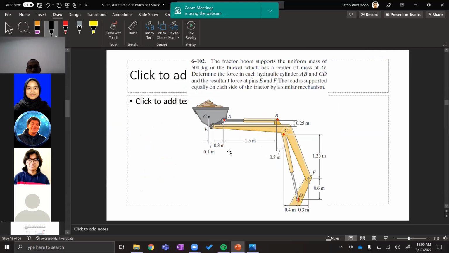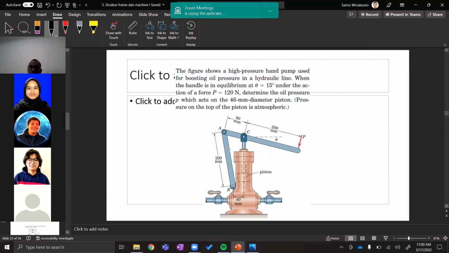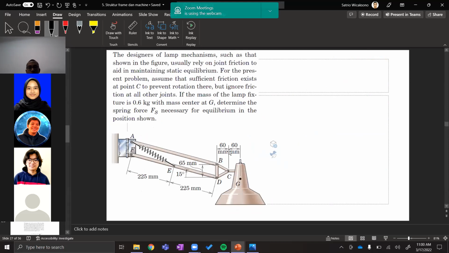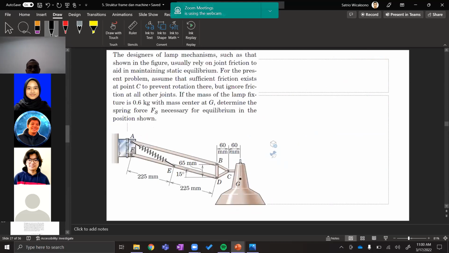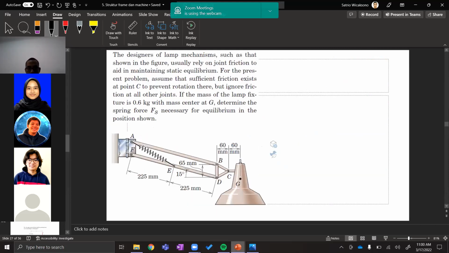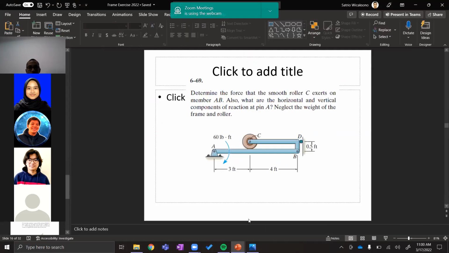This one is your homework. We solved this already. This one later. There are several problem examples that we can go for. I think I will go for the others. Frame exercise. This one.